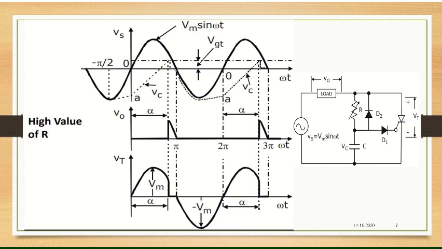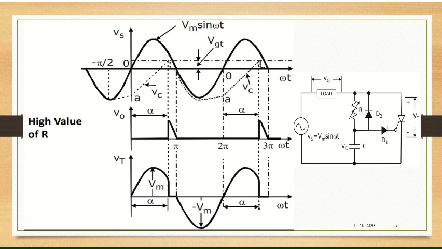How much time is taken for this capacitor to charge to this level is given by the time constant tau, which is nothing but the product of R and C. If the value of R is high, then the time taken for the capacitor voltage to reach this point will be more, isn't it? That's why the slope is very slow and it is quite longer to reach this point.